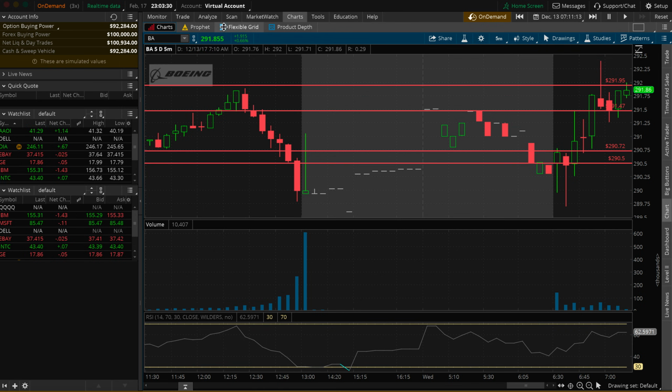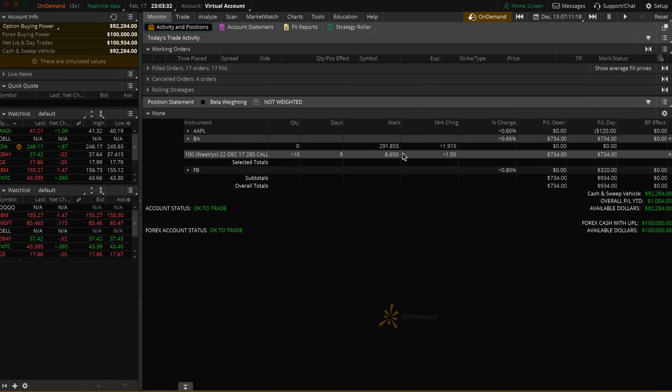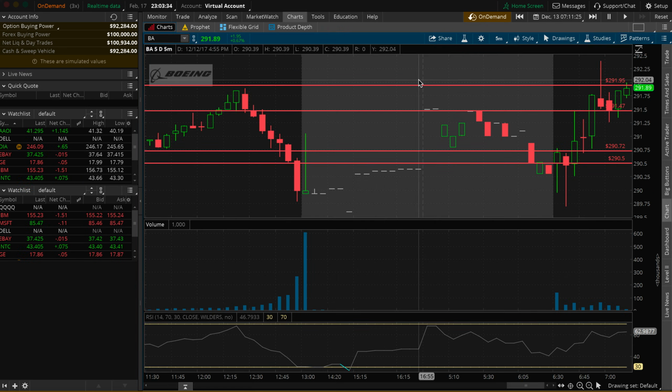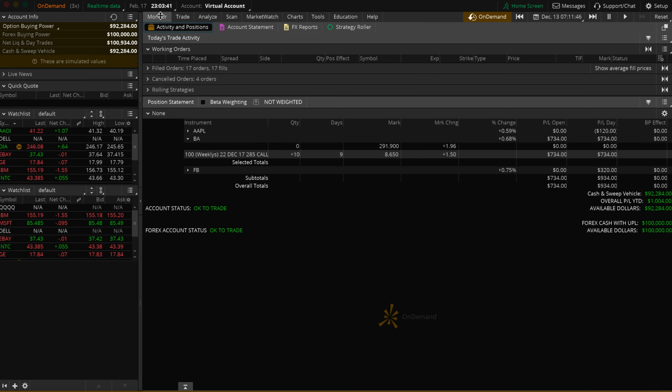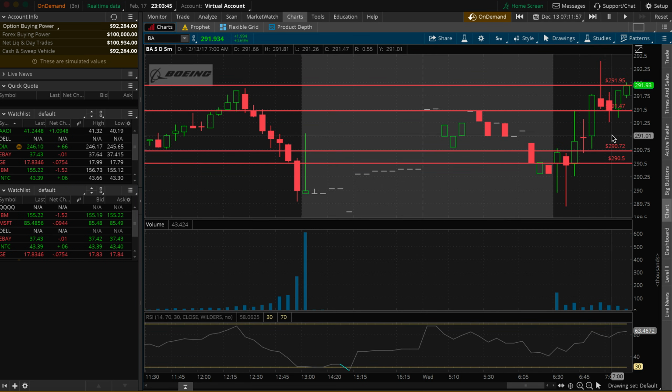It's coming back. See, where are we at right now? We're at $700. So we're 40 minutes into trading and $734 profit. So about 40 minutes, $700 for 40 minutes, just based off of the support and resistance.